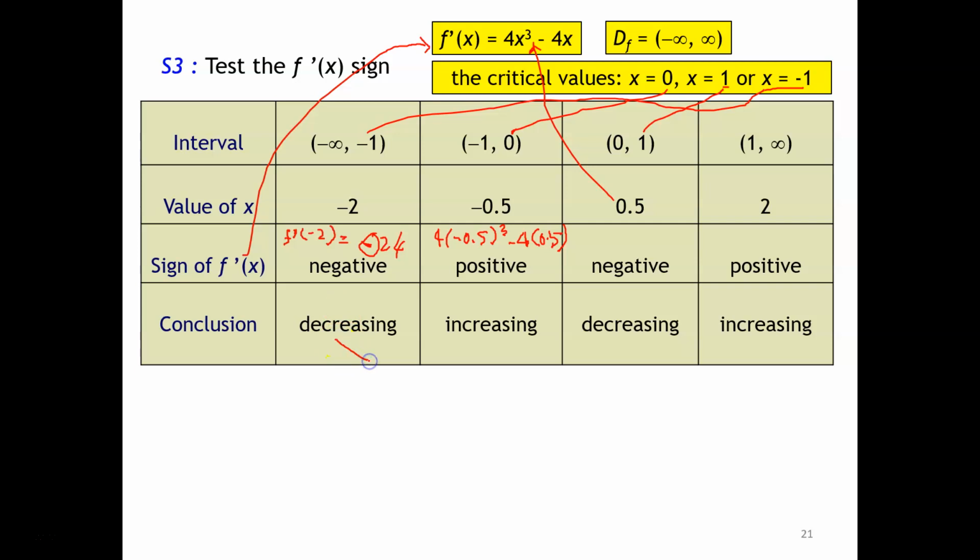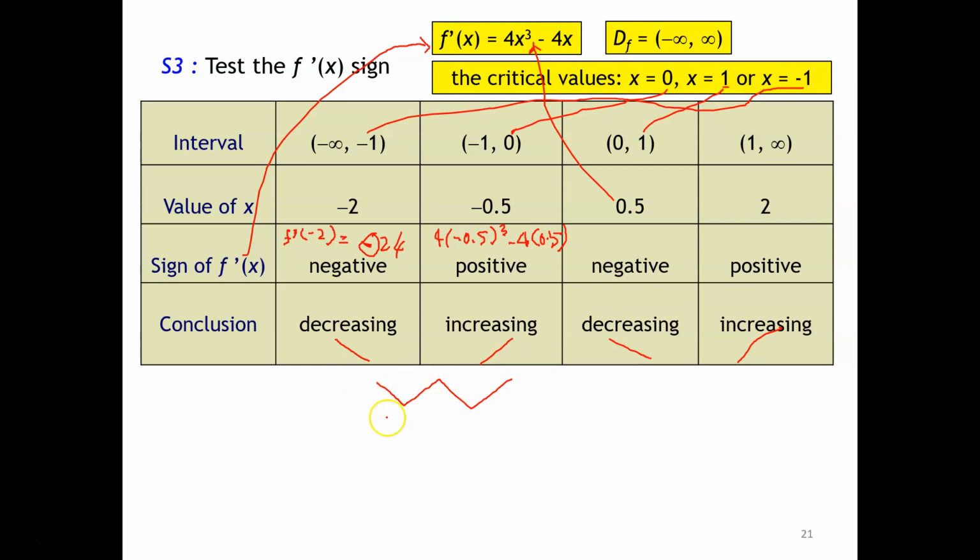The curve looks like this, decrease. And this one you have increase, like this. This one again decrease. This one again increase. So when you draw your graph, it's kind of like this. Decrease, increase, decrease, increase.